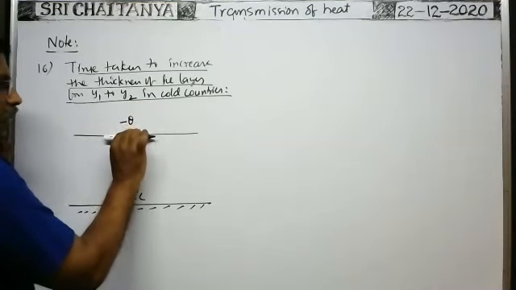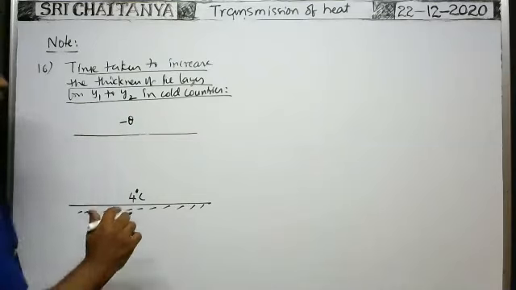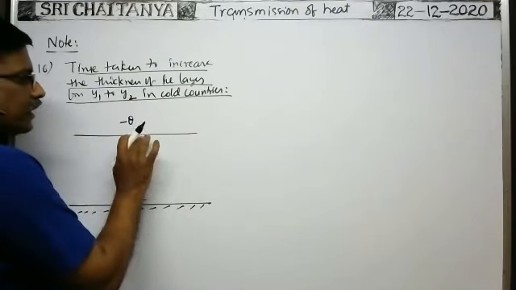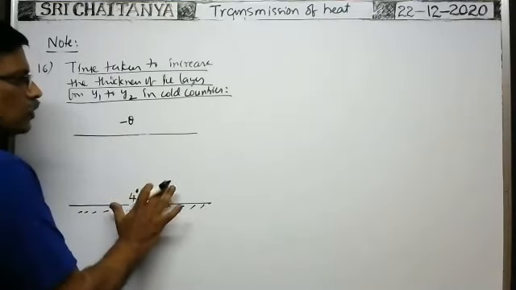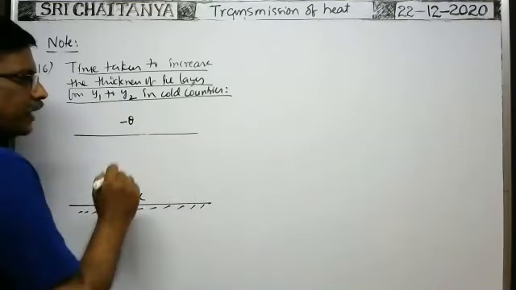Suppose the atmosphere is not there, then the water at 0 degrees centigrade reaches the top and water at 4 degrees centigrade reaches the bottom. So initially the temperature of the water at the surface is 0 degrees centigrade.